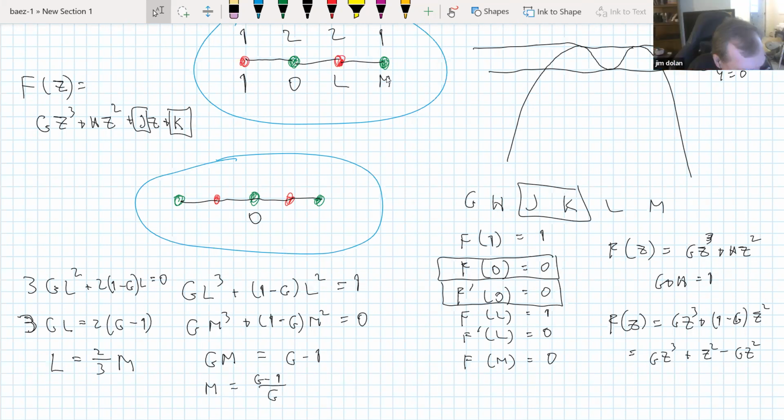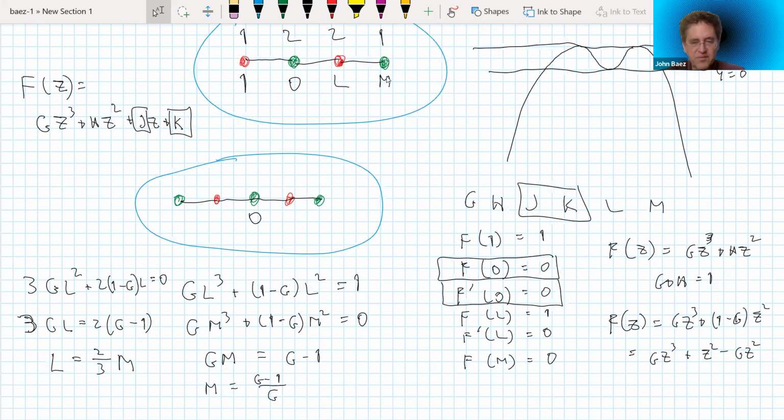Oh, maybe we didn't. Let's see. Did we? Oh, we did f of L equals 1. Wait, f of 1 equals 1. No, that gave us G plus H equals 1. Okay, yes, you're right. So what did we not do? Was it f of m equals 0? No, we did that.